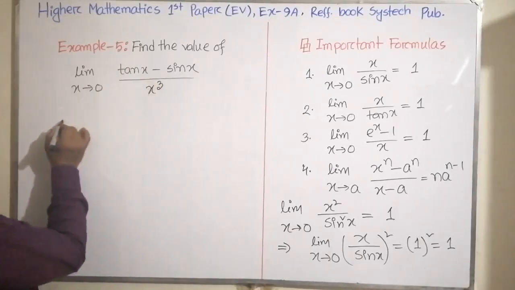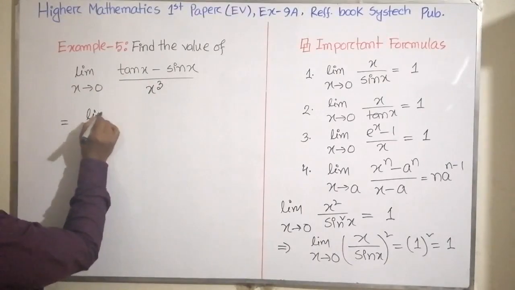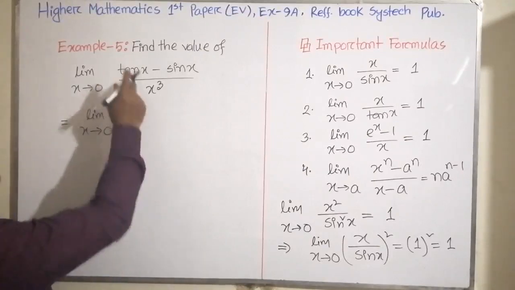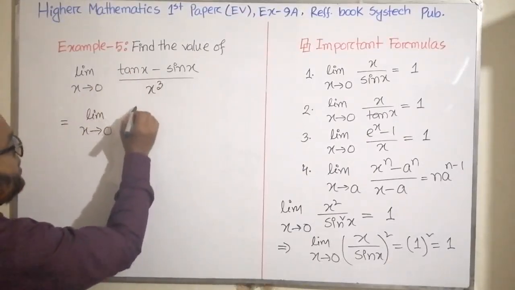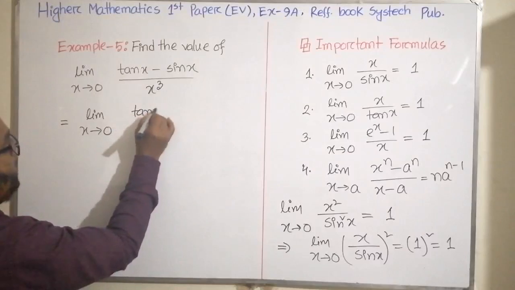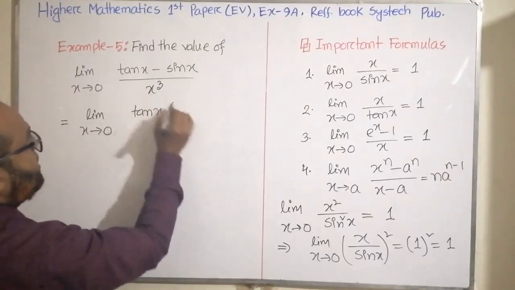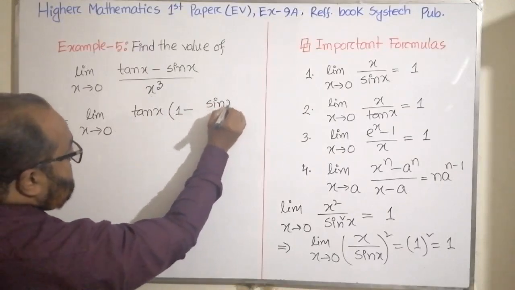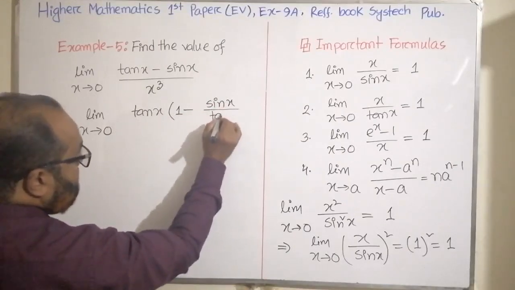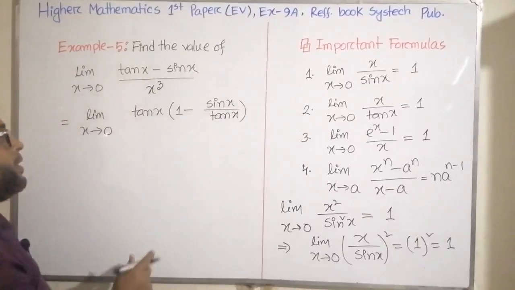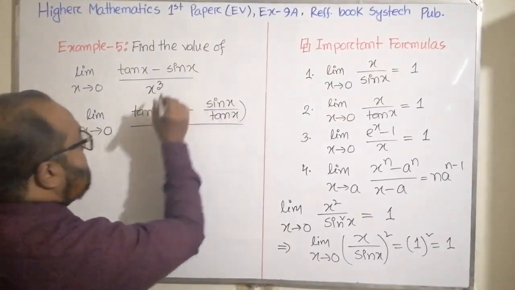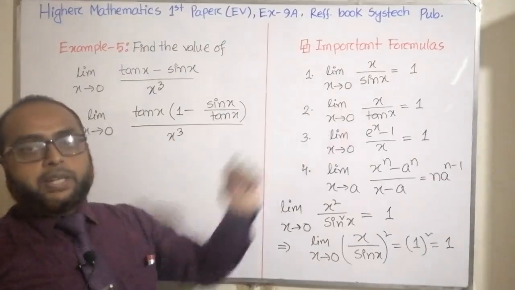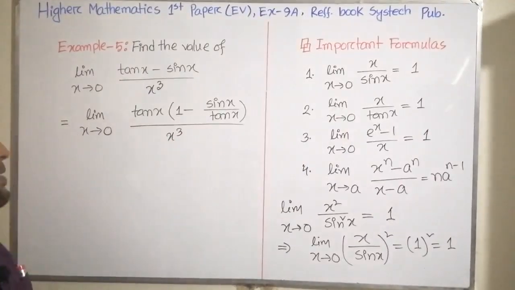Okay, this equals limit x tends to 0. Here if we take common tan x, this remains 1 minus sin x divided by tan x. Here we take tan x as common because we have the formula of x by tan x or tan x by x.